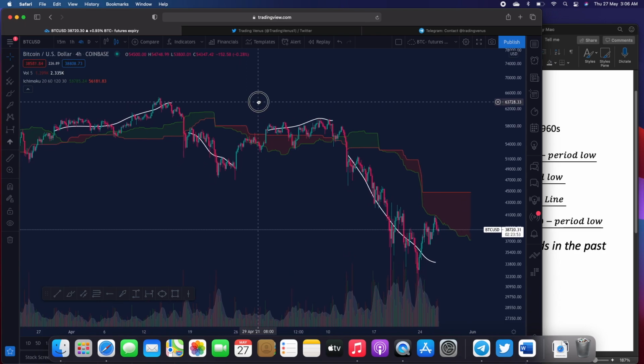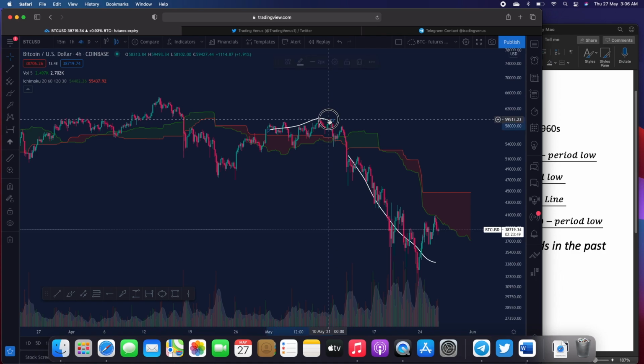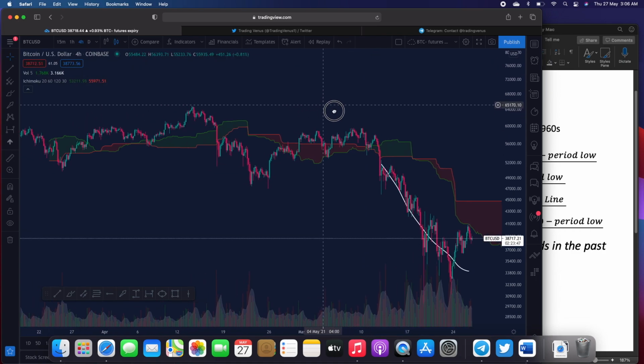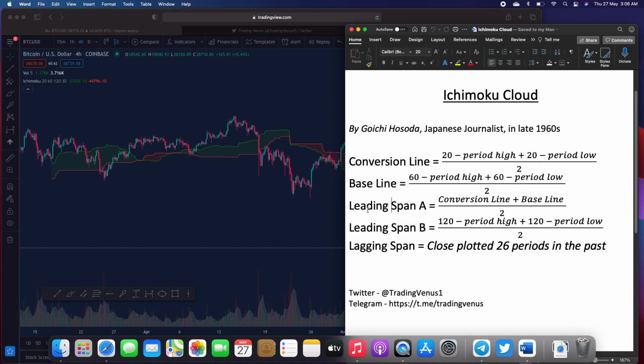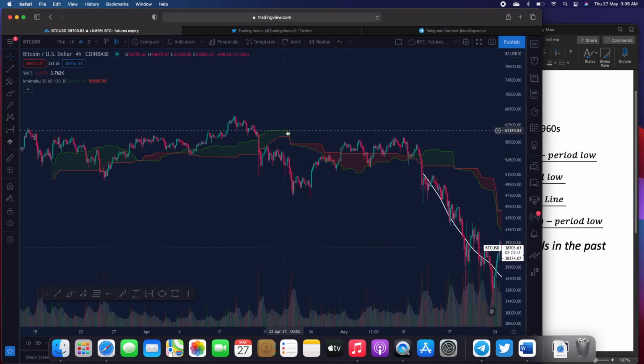Now, how are these clouds formed? Whenever there is a crossover of leading span A and leading span B, the green line and the red line, the color changes.